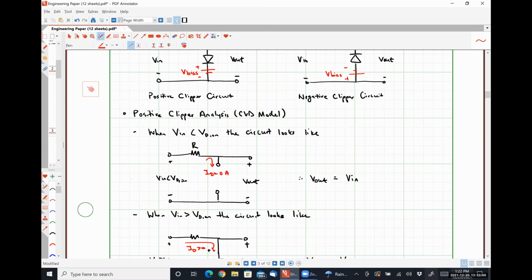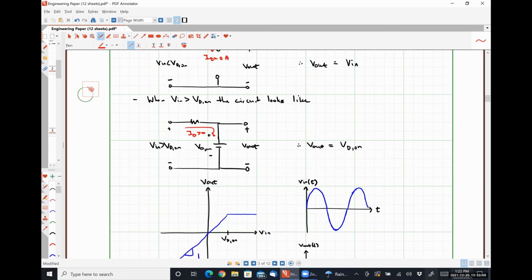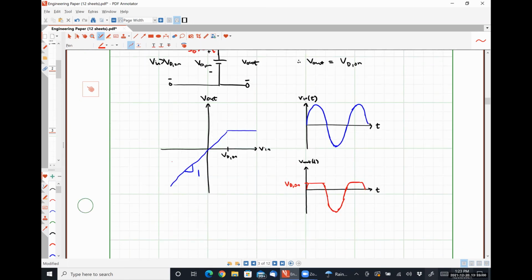But in the forward bias condition, it's giving us something like this, where we're still going up, but now the clipping occurs up here instead of at that low value of VD on, where this would be V bias plus VD on.